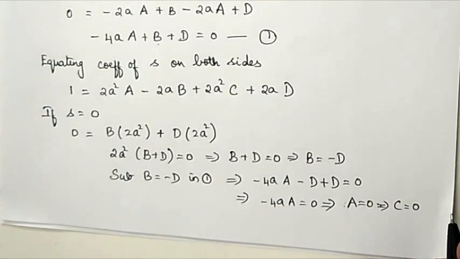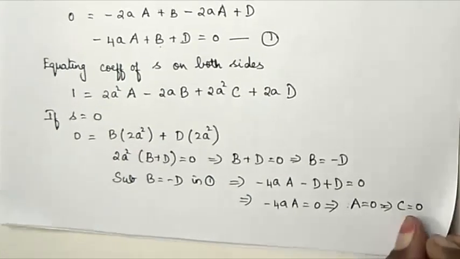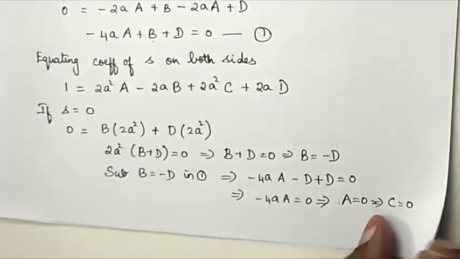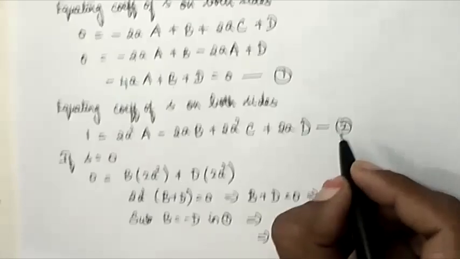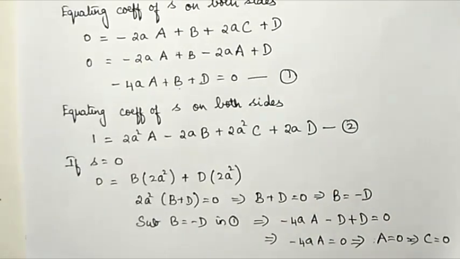So we get a and c as 0, and we shall try to find what is the value of b and d. We need to substitute the value of a and c as 0. Here let me name this as equation number 2. So I will try to substitute the values of a and c and get the value of b and d.